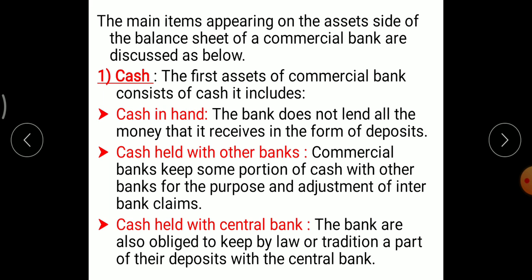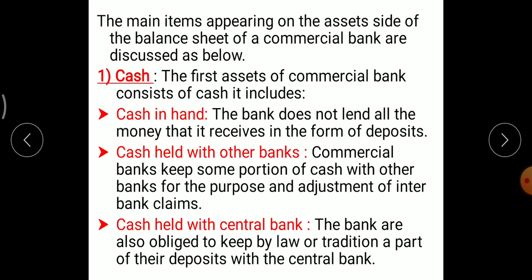Banks are also obligated, either by law or by tradition, to keep a part of their deposits with the central bank. This gives the central bank power to have control over the commercial banks.